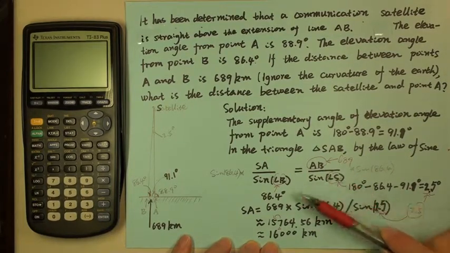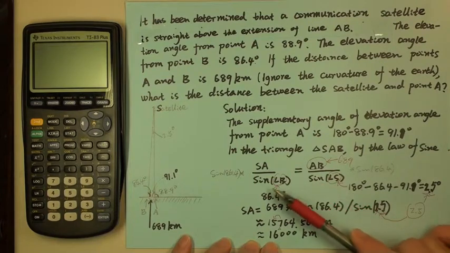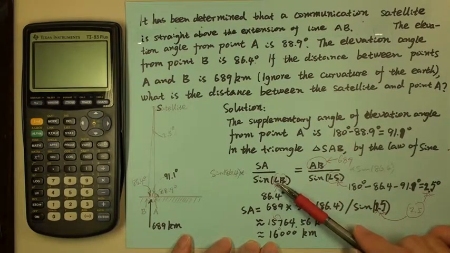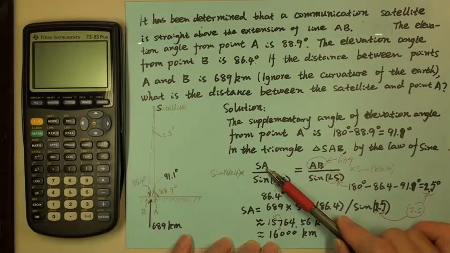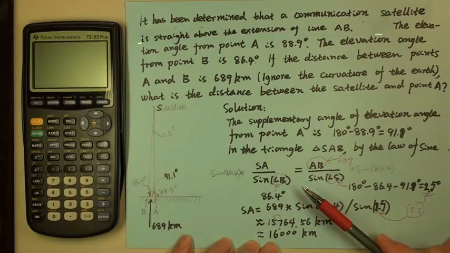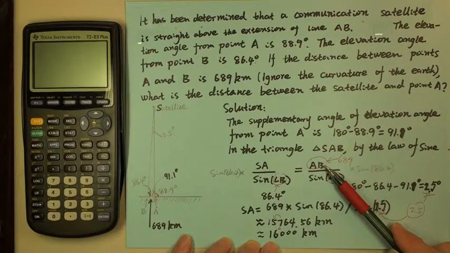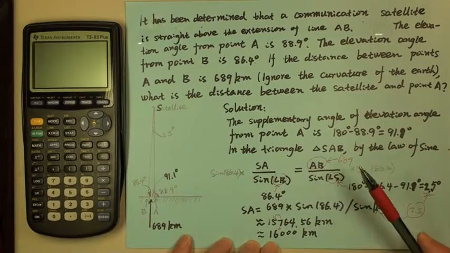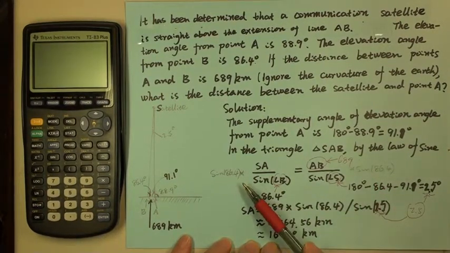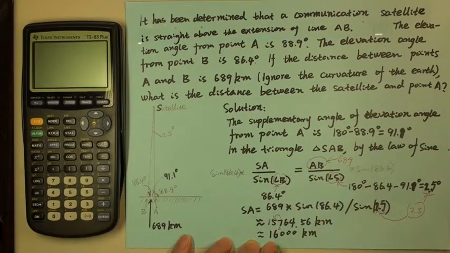But if you put all the sines below as denominators, then all the sides can be upstairs as numerators. That's one thing, because I just want to simplify those steps. Both sides multiplied by sine 86.4, they cancel each other, and then SA will come out.